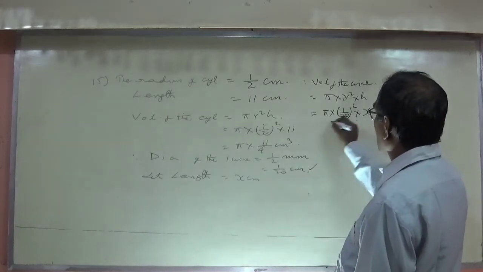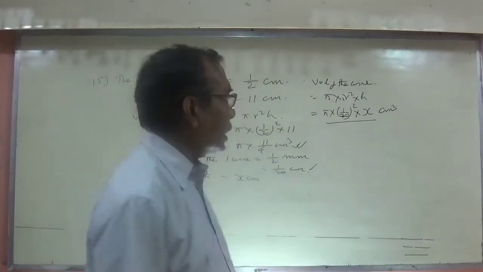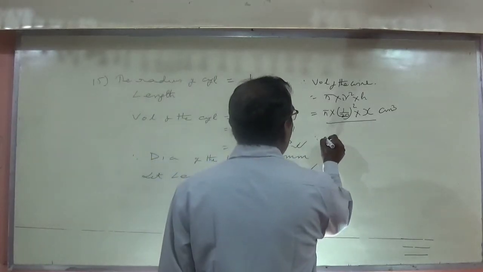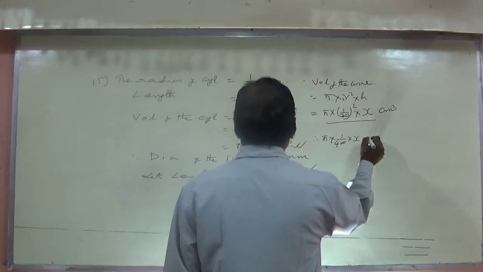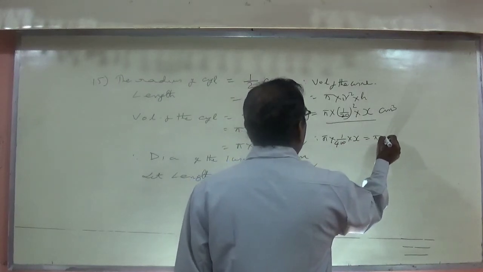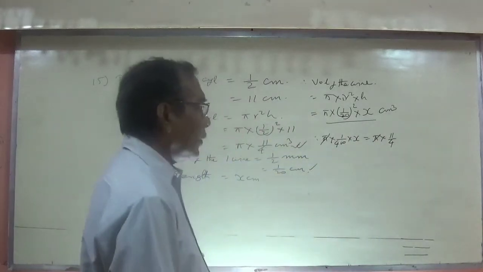Obviously, this volume is coming from the cylinder, so both of these must be equal. Therefore pi into 1 by 400 into x will be equal to pi into 11 by 4. Pi is cancelled.